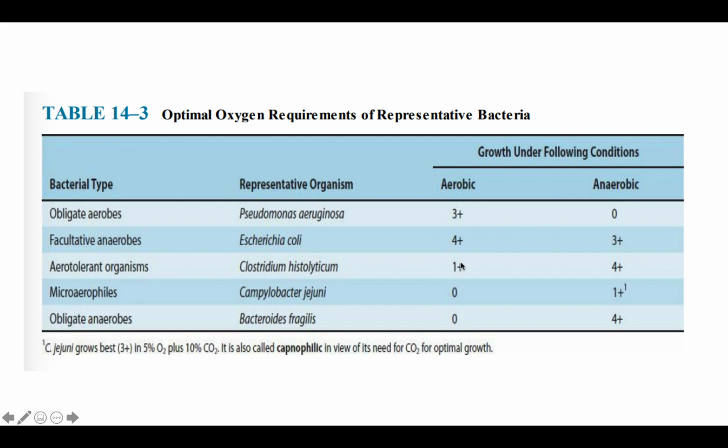This is important to know, and we can see how the growth changes from aerobic, with facultative organisms living more on the aerobic side, and then increasingly on the anaerobic side.